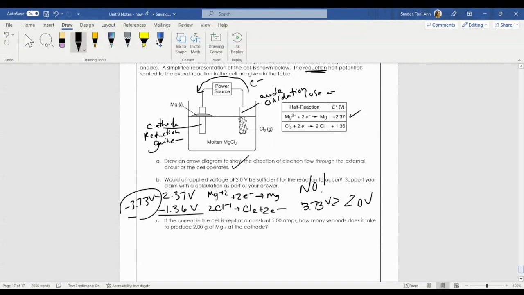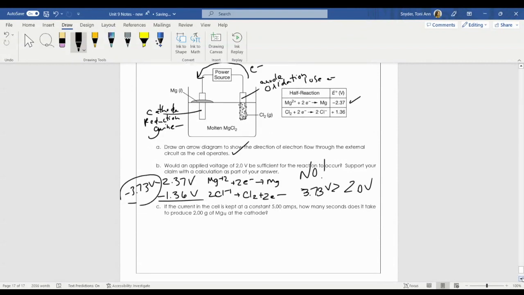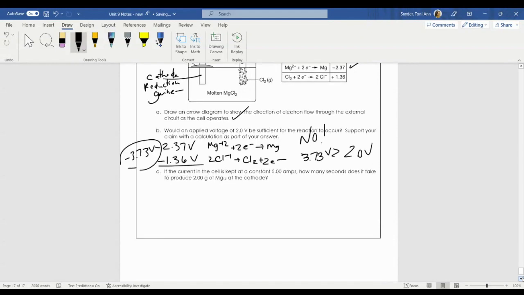Let's take a look at C. C says if the current of the cell is kept at a constant 5 amps, how many seconds does it take to produce 2 grams of magnesium at the cathode? So remember, we have our equation for current: I equals Q over t.